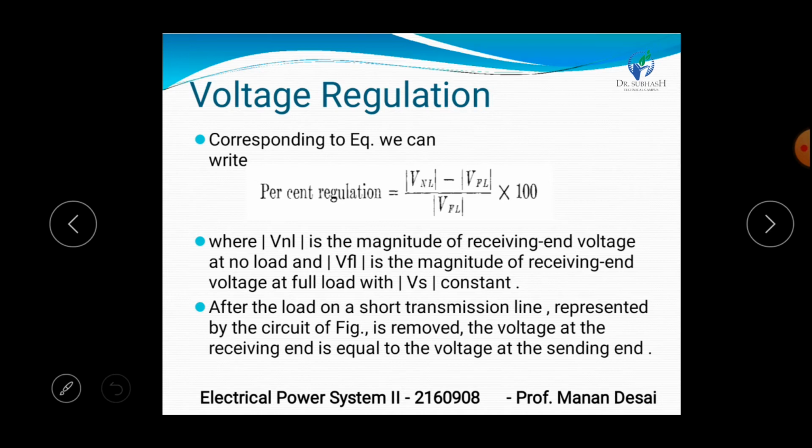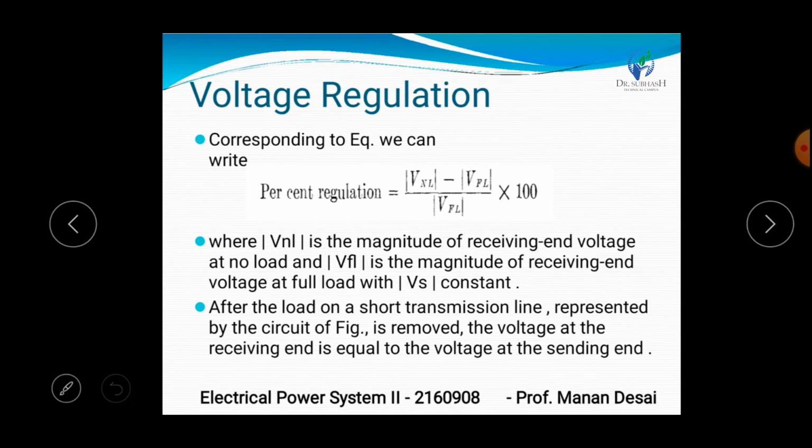In this formula, percentage voltage regulation is V no load minus V full load upon V full load into 100, where VNL is the magnitude of receiving end voltage at no load and VFL is the magnitude of receiving end voltage at full load with Vs constant.